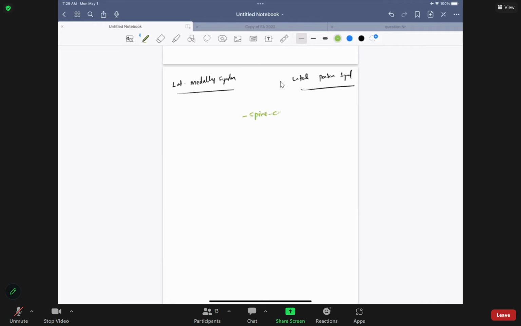Spinocerebellar tract, spinothalamic tract, vestibular nuclei, spinal V nuclei. I will explain what it is. Just write it down.